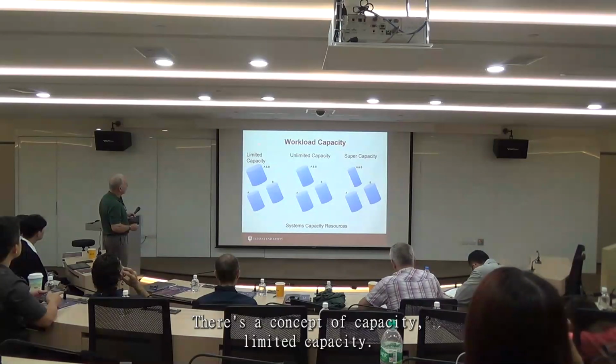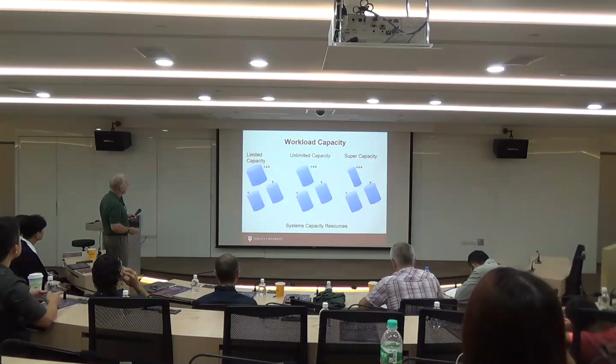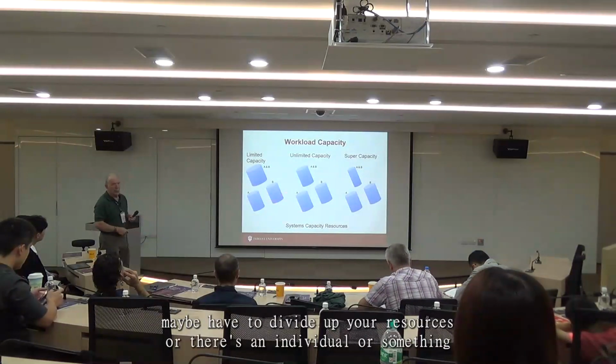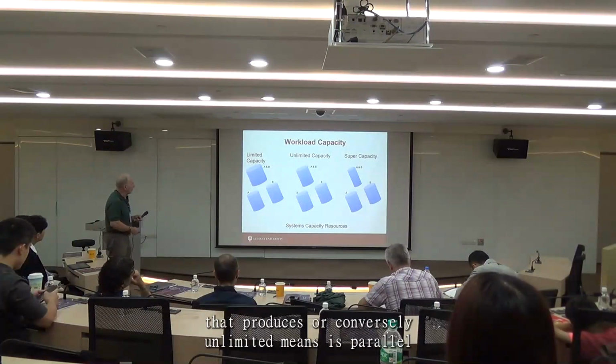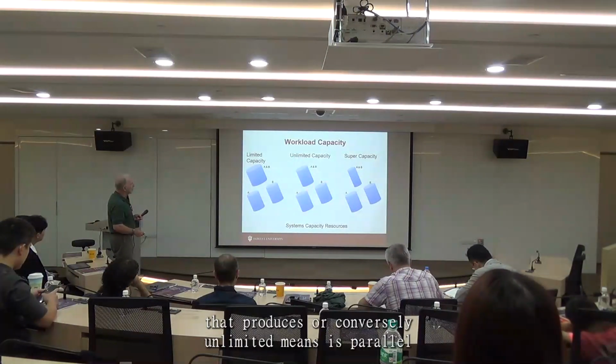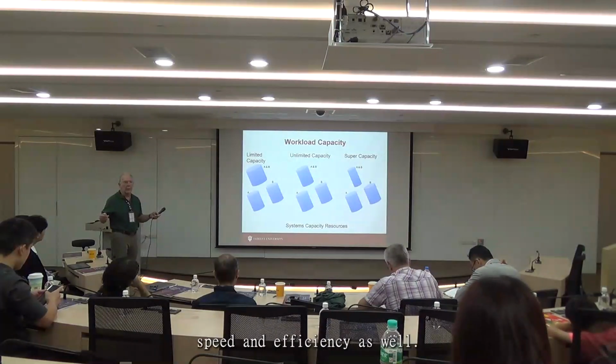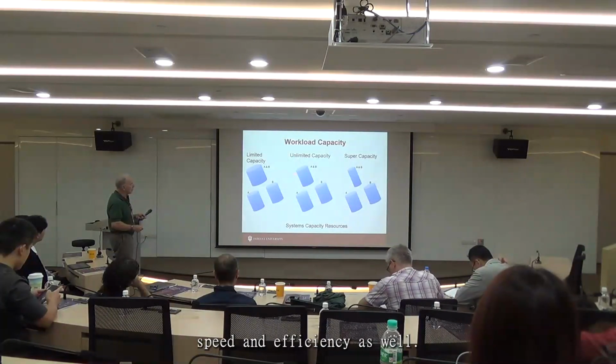Here's a concept of capacity, limited capacity, in that if you have a single item here, and then you go to two, maybe you have to divide up your resources, or there's inhibition or something that produces limited capacity. Unlimited means it's parallel, and each channel has exactly the same speed and efficiency as when there's just one thing.